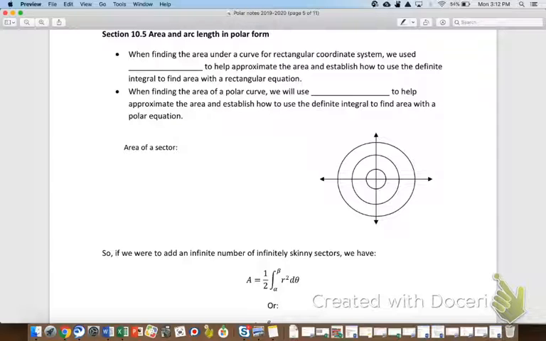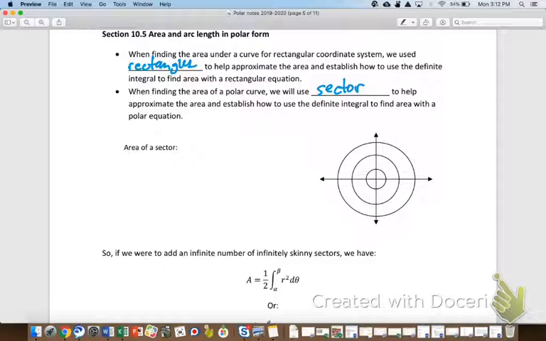When finding the area within a polar curve, we will actually use something called a sector. Have you ever heard that word before? It's like a slice of pizza, a piece of pie, right? So it's like a slice of a circle.